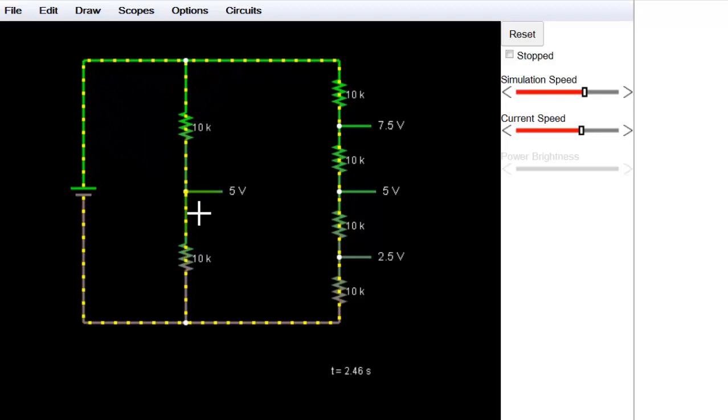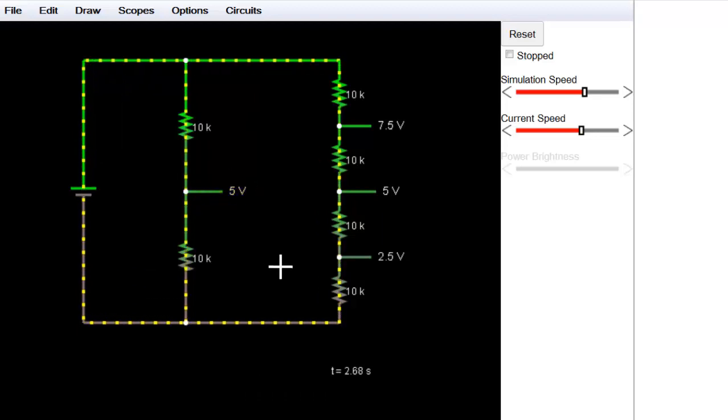By the potential divider theorem, we have the voltage as 10 into 10 divided by 10 plus 10, that means 10 into 1 by 2, that is 5 volt. By the potential divider we got 5 volt here, and the simulation also shows 5 volt over here.